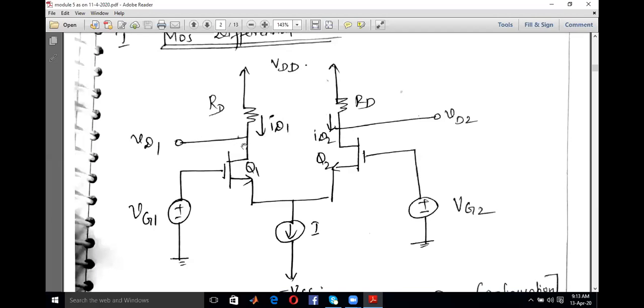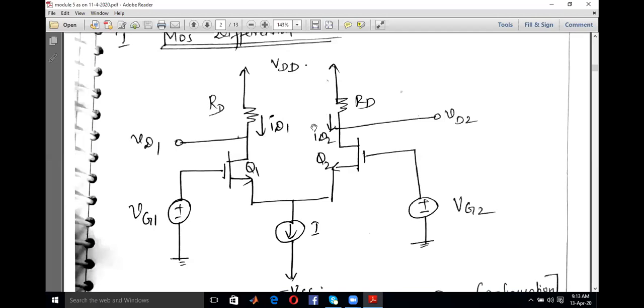So if you are taking the output with respect to two terminals, it means the voltage that you observe in your multimeter or in a measurement device like a CRO is nothing but VD2 minus VD1. That is, if you connect the positive probe at VD2 and the negative probe at VD1, the voltage shown on the display will be nothing but the difference between VD2 and VD1, that is VD2 minus VD1.